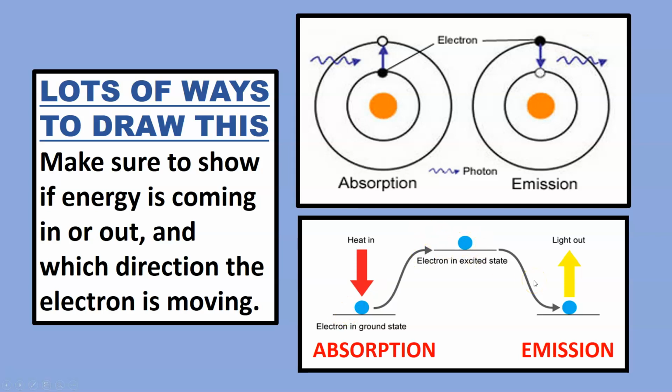I don't care which way you draw it, as long as you tell me if it's absorption or emission, as long as you tell me if energy is coming in or out, as long as you show me where the electron started and where it ended, that's what I'm going to care about, okay? So it doesn't really matter to me which style of graph you show me.